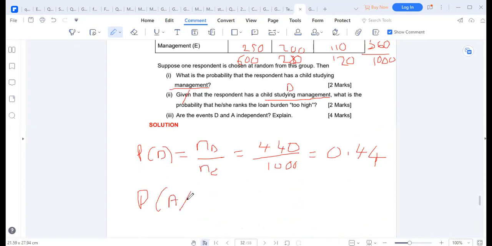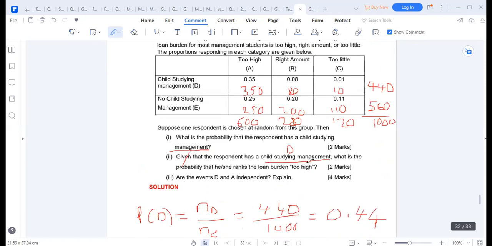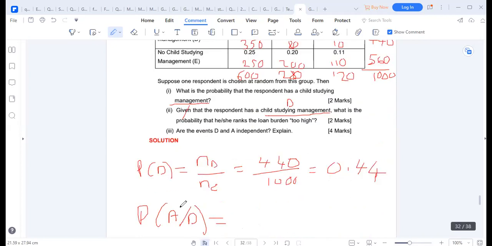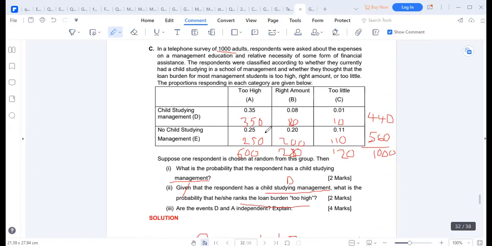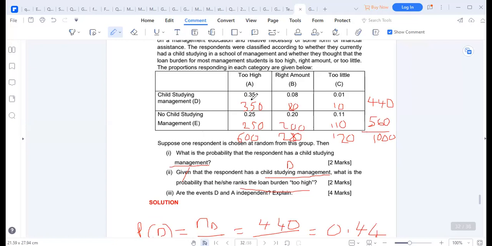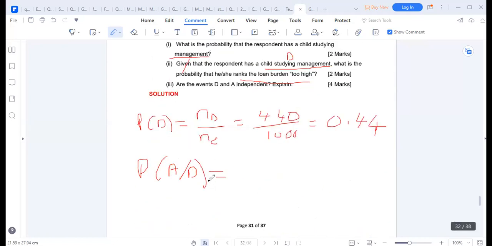I repeat, there are certain terms that you need to follow. This question is saying, given that the respondent has a child studying management. So you say, given D, find A. Why A? Because A says child ranking the loan too high. If they said, given that the child ranks the loan too high, we would have done over A there.